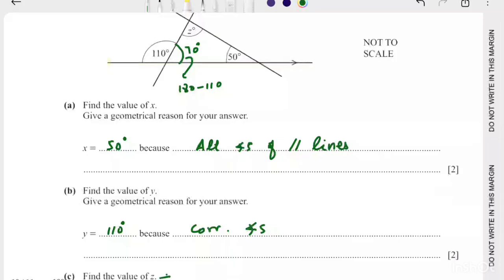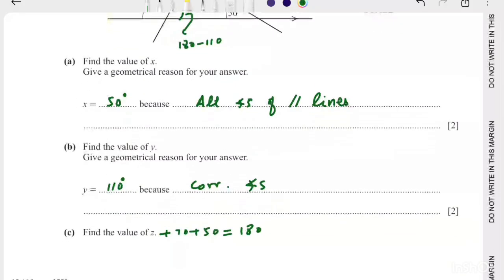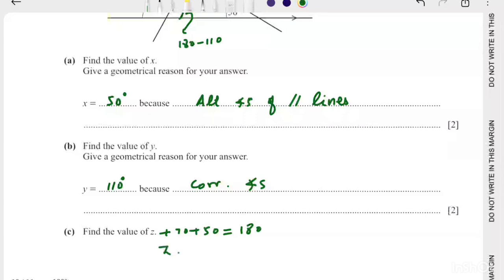So z plus 70 plus 50 is equal to 180 degrees, and this becomes z plus 120 is equal to 180 degrees, and it will be 180 minus 120, so z would be 60 degrees. This would be the answer.